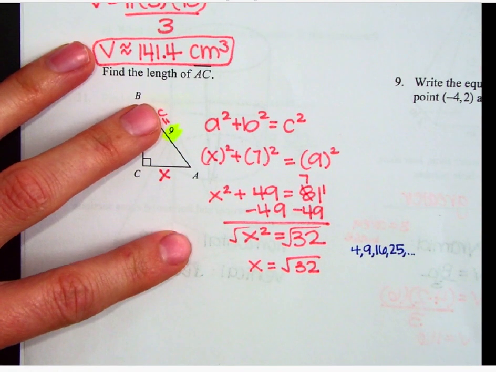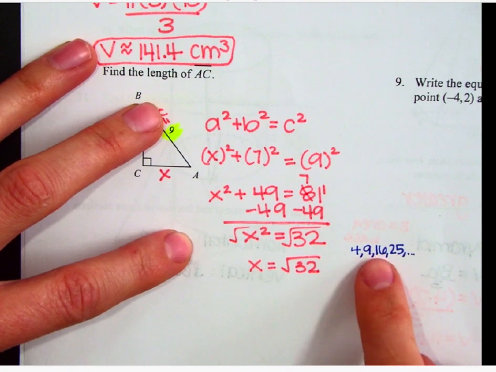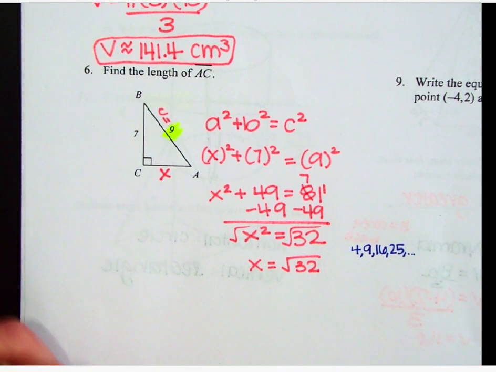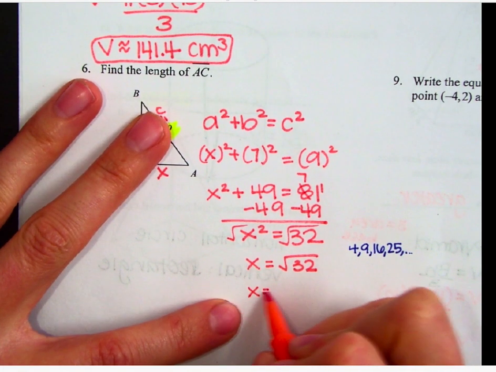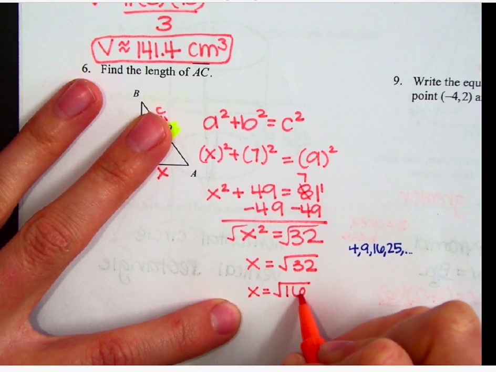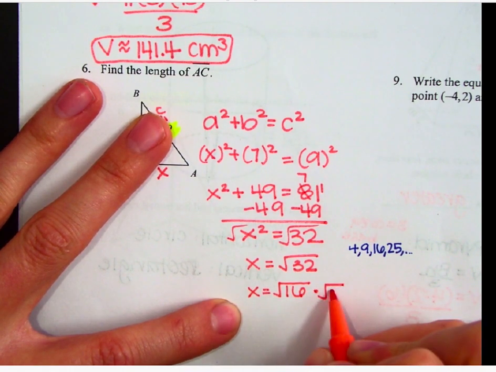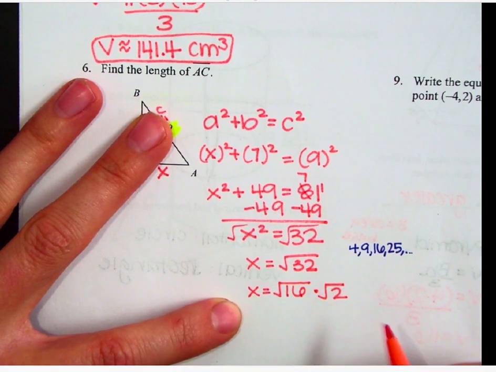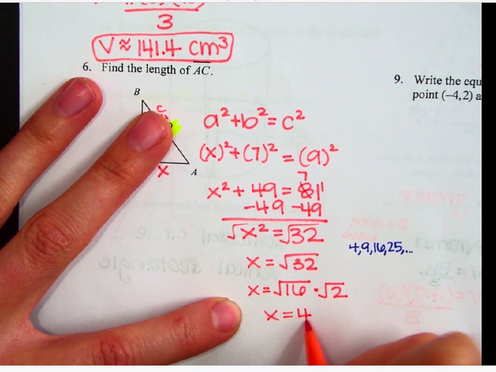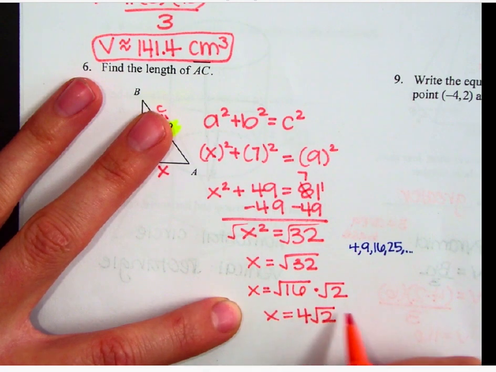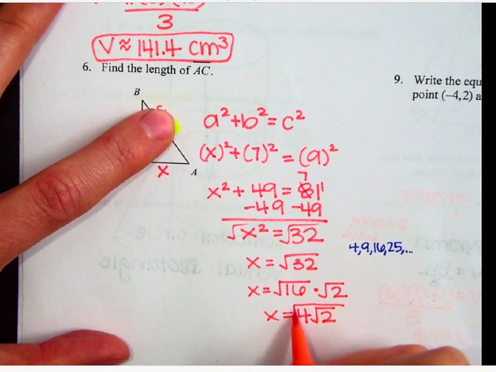So from this list, you want to choose the largest number that can be divided out of 32. That would be 16. So we can rewrite 32 as 16 times 2. So square root of 16 times the square root of 2 would give us 4 square root 2 for the length of AC.